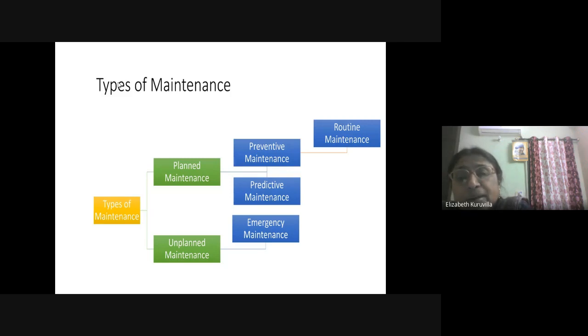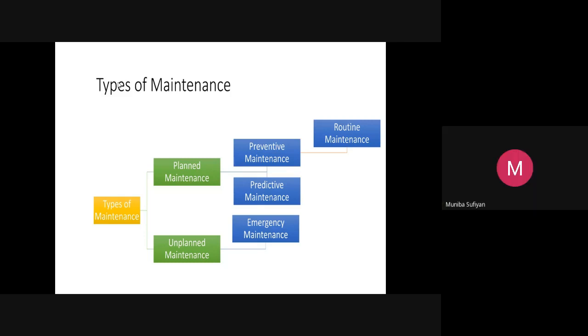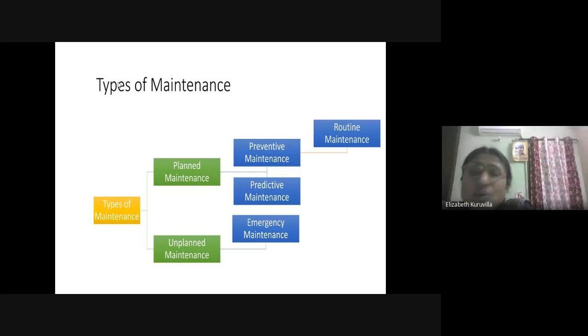James, can you tell predictive maintenance? Muniba, can you tell some other maintenance in your school? Yes, ma'am. Under emergency maintenance, we have the provision of a first aid box. Okay, first aid box. Okay, good.